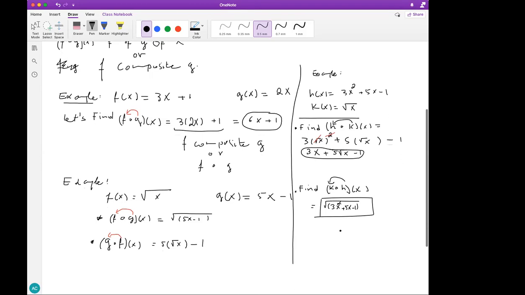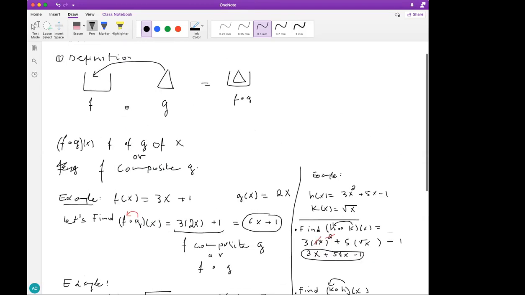Of the two functions. Again, we're just blending or mixing two functions together to get a new composition, a new product. Just like, I don't know, you mix eggs and flour together. When you mix them, you get a new mix, the dough for cookies or whatever. That will be the new mix.